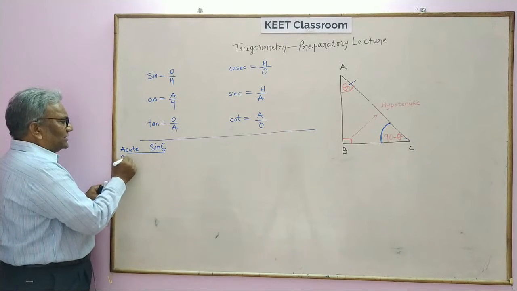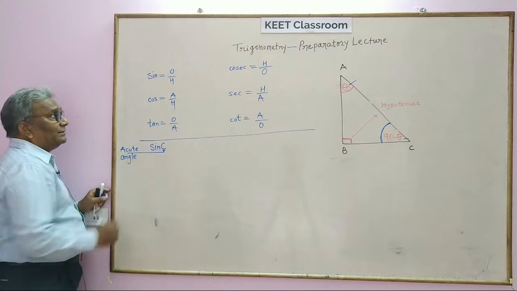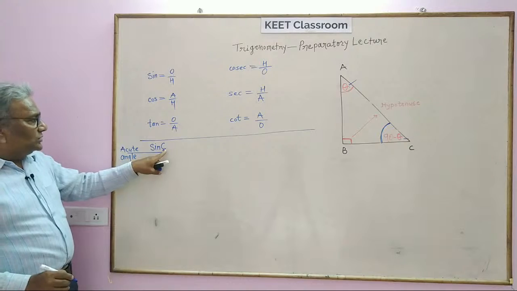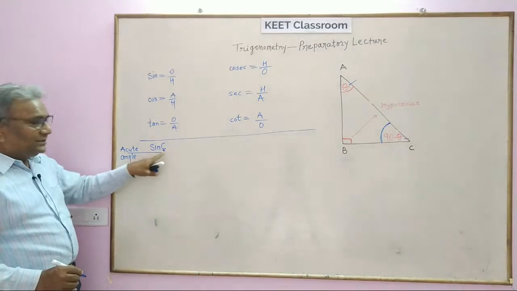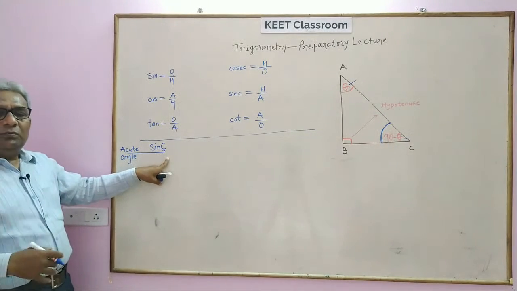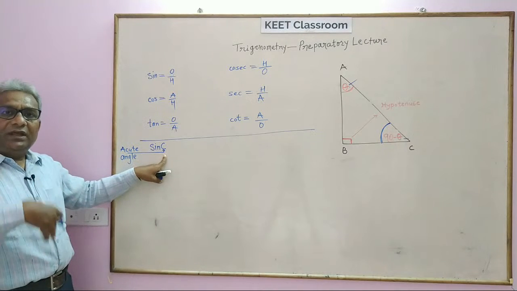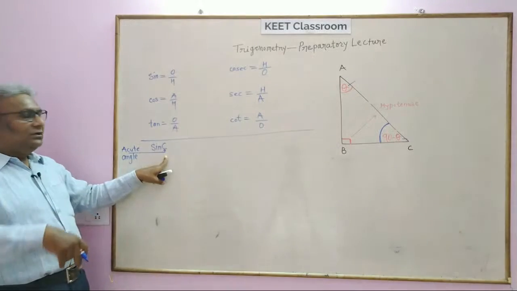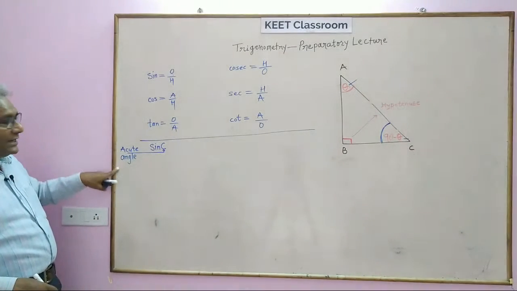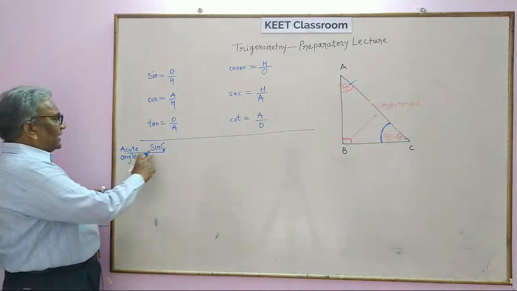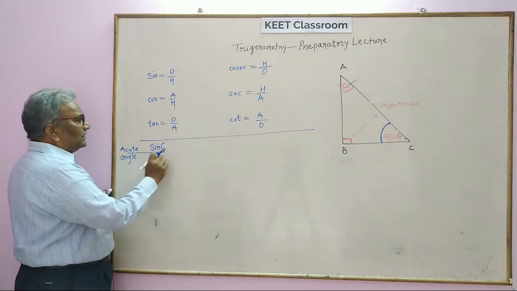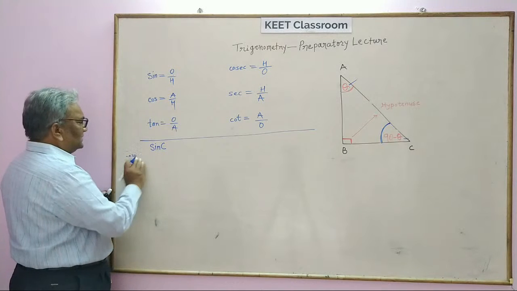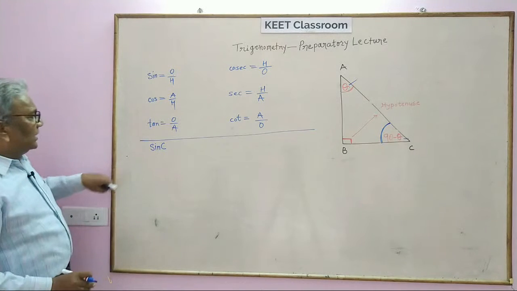In the initial stages, when we are having the preparatory, you must have certain concepts very clear. So the angle here is C. In further cases, you may get an angle which is 120, 100, something like this. So that will be a different case. Overall, when we come down, we again come down to see that it is an acute angle. So here angle C is an acute angle.